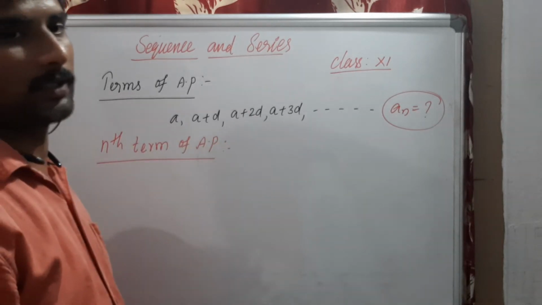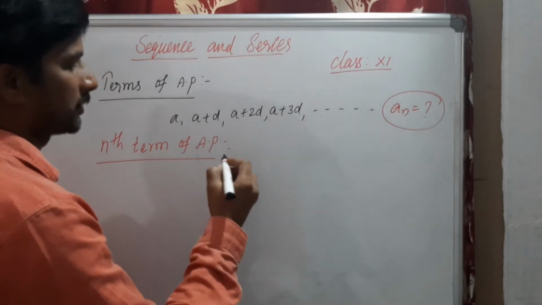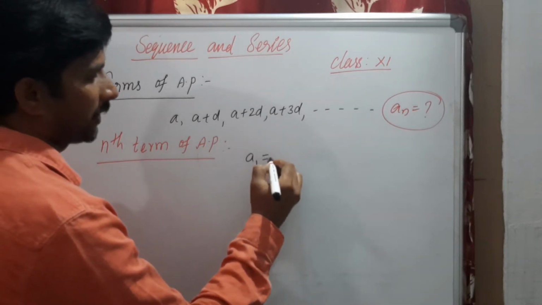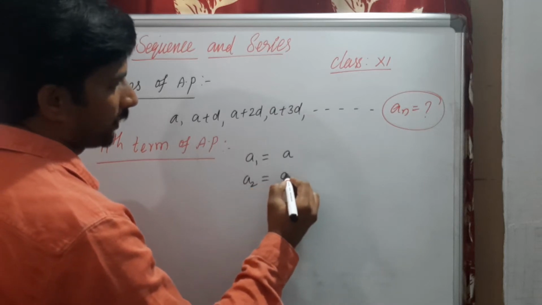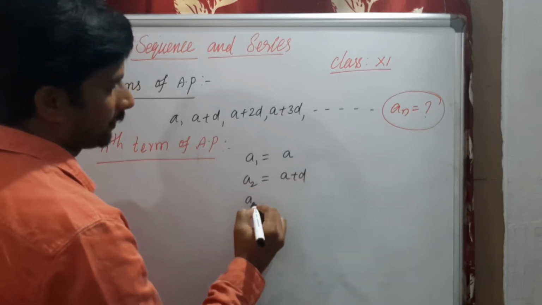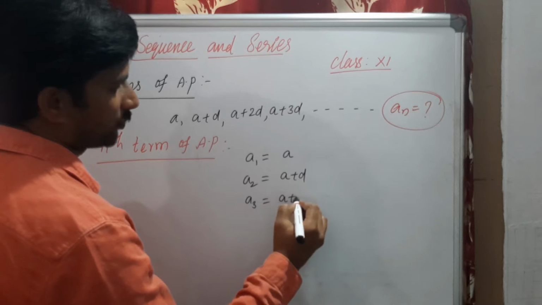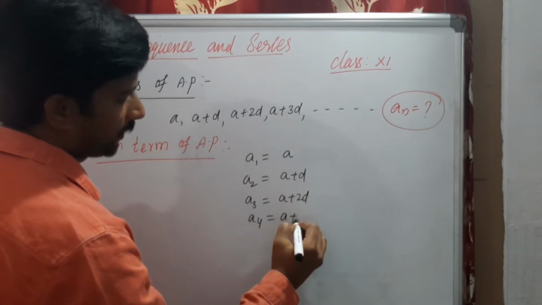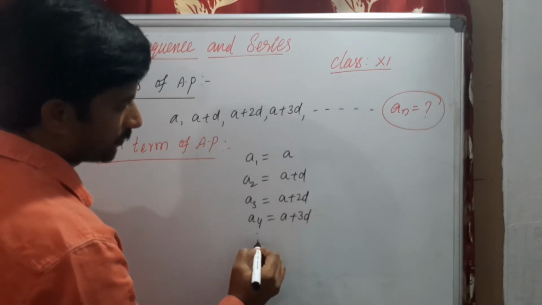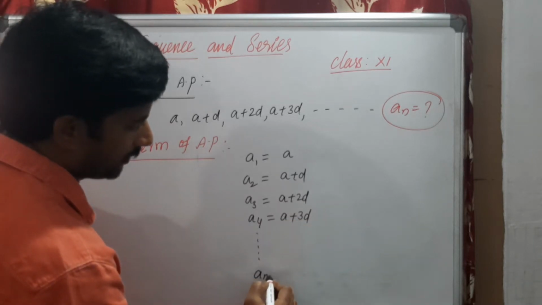To find out the nth term of AP, I am going to consider the terms of AP which are A1 is equal to a, A2 is equal to a plus d, A3 is equal to a plus 2d, A4 is equal to a plus 3d and so on. We need to find the An value.